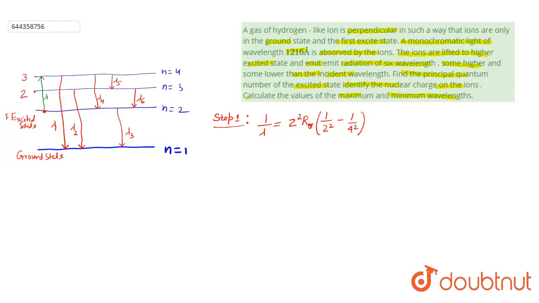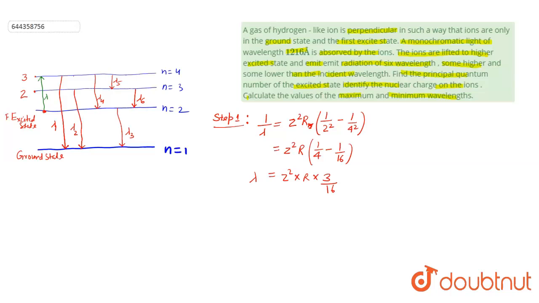Then from here we can find out it will be Z square, and the R, basically this is R_H, the Rydberg constant, and this will be 1 by 4 minus 1 by 16. Then you can calculate Z square into R into 4 minus 1, that is 3 by 16.